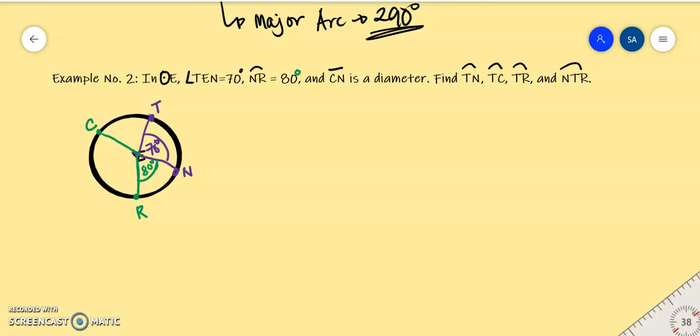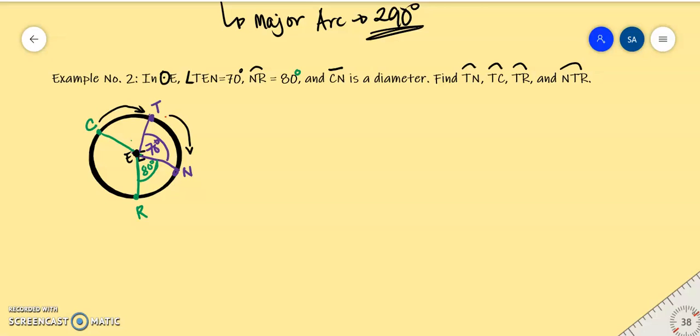So we want to find arc TN. We have the central angle E. So you want to find arc TN, this one. Arc TC, this one. And then arc TR.